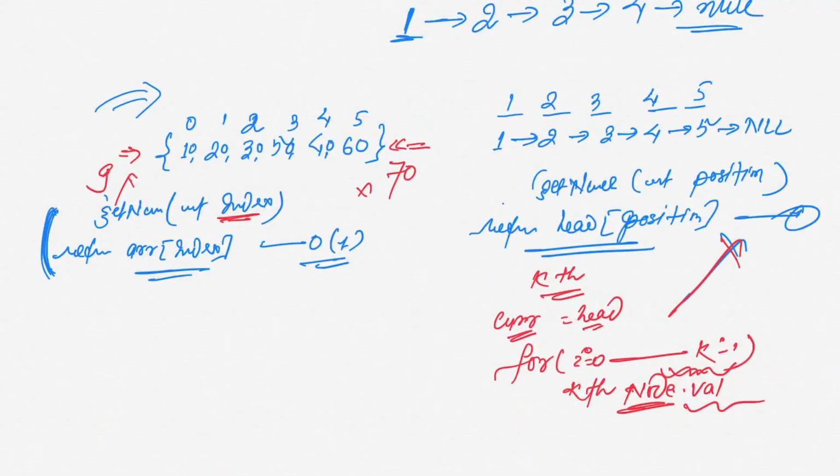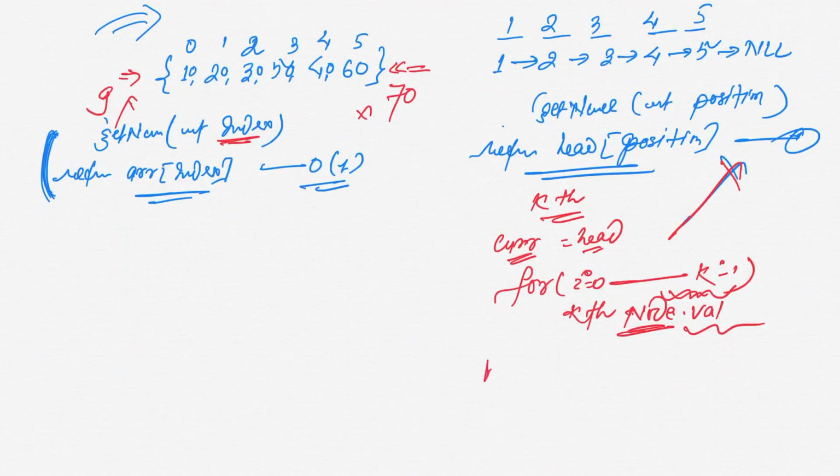But here, if you know your head node and the tail node, adding and removing at the beginning and the end is a constant operation in the linked list.